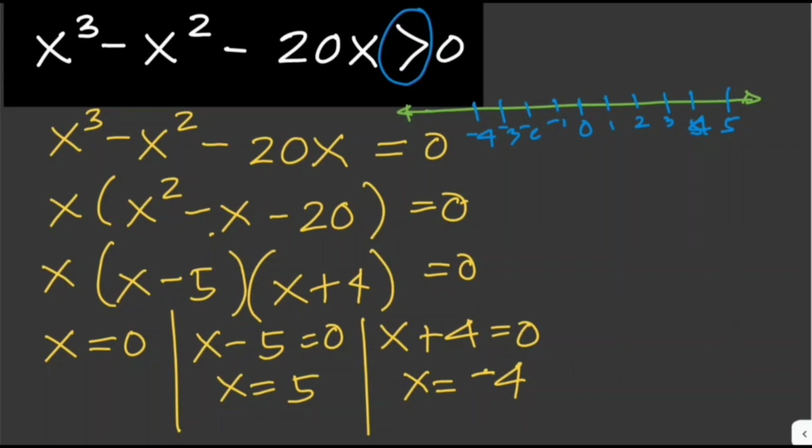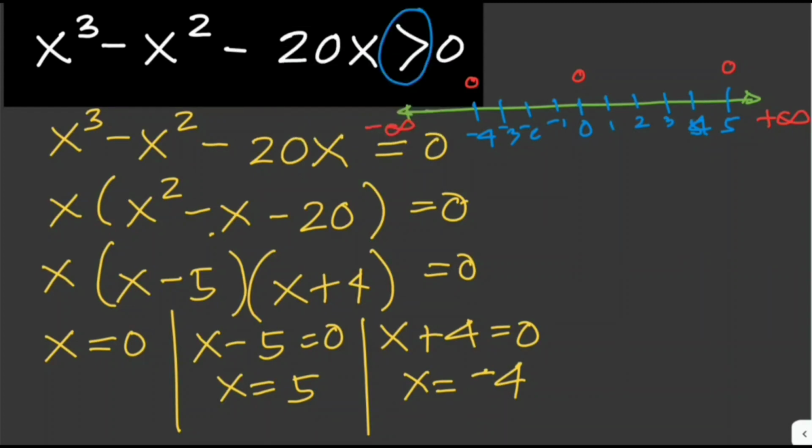And it doesn't have an equal sign, so these points here, 0, negative 4, and 5, should be open. And all the way to the right is positive infinity, and to the left, negative infinity.